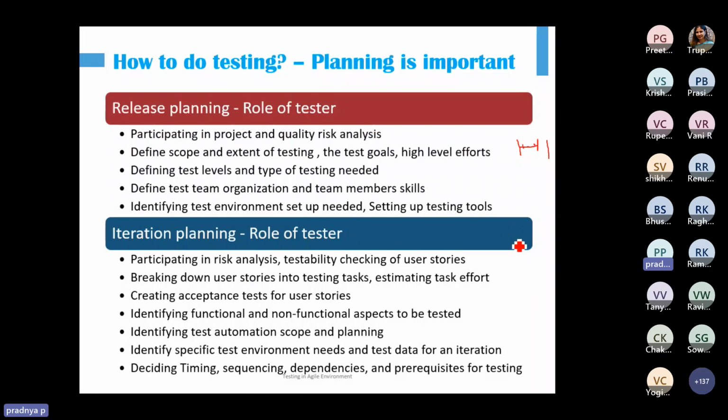So we as a lead of the testers need to think about what our role is in this entire planning. The product owner, the scrum master, the development team, everybody will be involved in release planning, and we need to actively participate in the quality risk analysis.